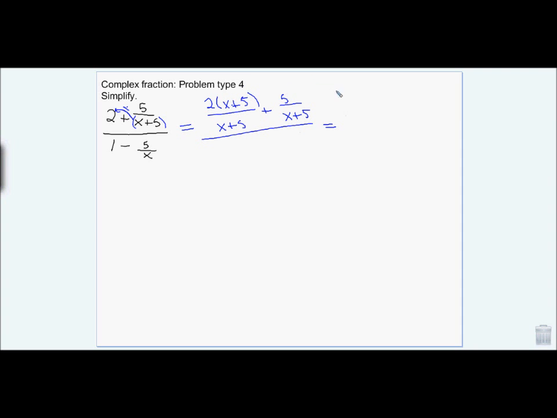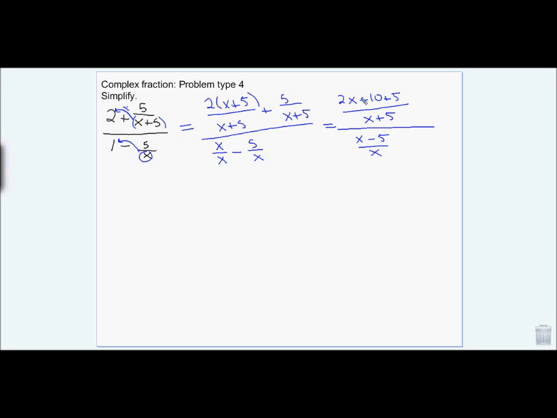I'm going to go ahead and distribute that. Okay, and my numerator of my original complex fraction, I'm going to multiply by x. So I get x minus 5 over x.